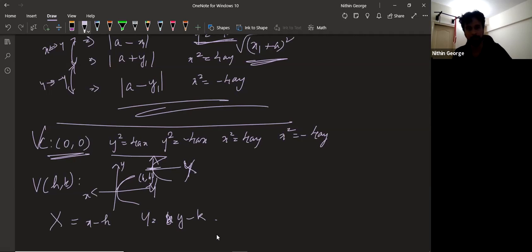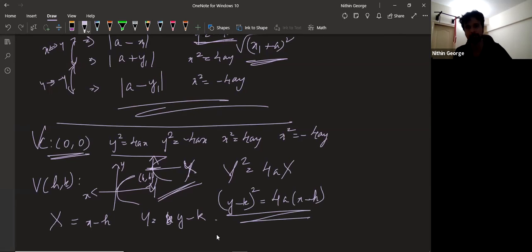So in this new form, it will be y square equal to 4ax, which can be further written as y minus k the whole square equal to 4a into x minus h. You replace y with y minus k and x with x minus h and move it to any point h, comma k. Is this clear?